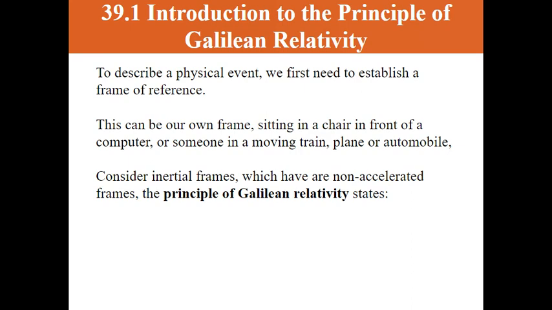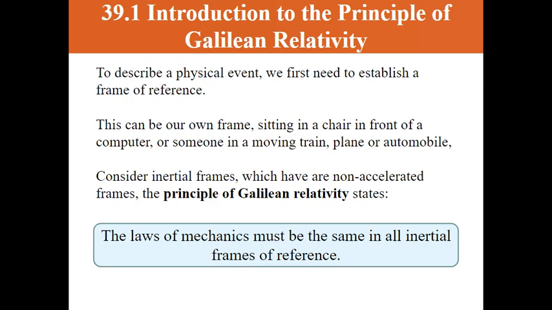You see things spinning. So we have a principle of Galilean relativity, which reflects what we've learned in physics so far: the laws of mechanics must be the same in all inertial frames of reference.